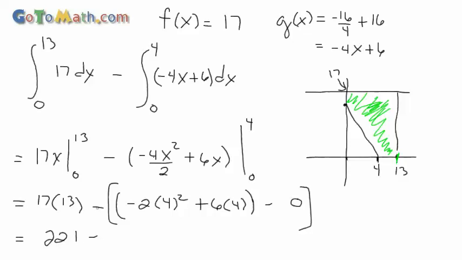But because of this negative right here, it becomes a plus 8. Wait a minute. What did I say? Get negative 8, and a negative and a negative is positive. Well, that's what I'm getting. Doesn't make sense, but we've got to go with it.